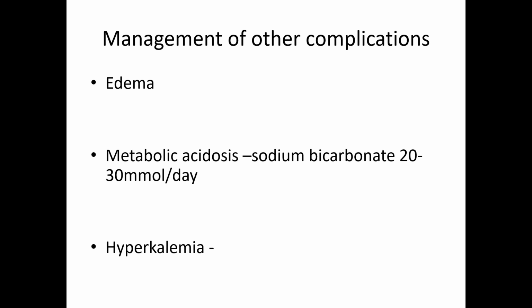You give glucose, you can give soda bicarb, which transfer potassium from the extracellular compartment to the intracellular compartment, and can take the help of salbutamol also, which helps in the control of the potassium in these patients.